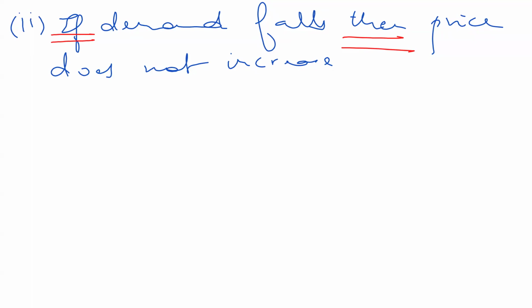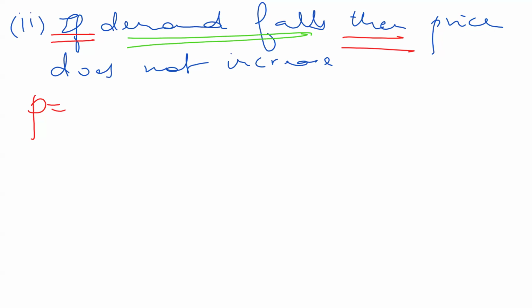Now first we will target the symbolic form. Can someone tell me what is P? Demand falling. No, P is the first part.